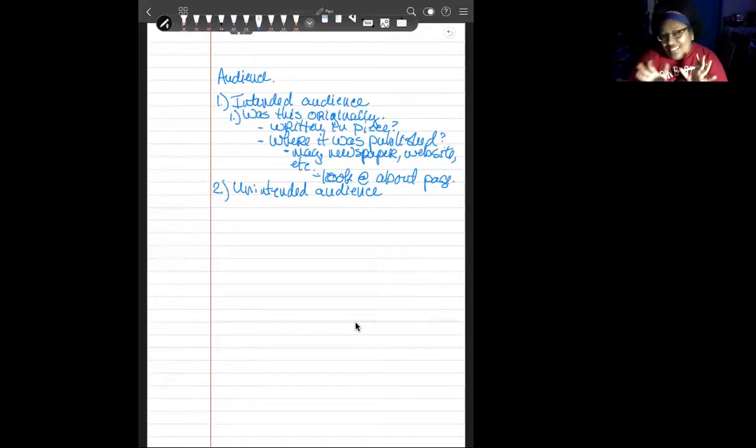This is why this takes a little bit longer, and why I say it's deceptively easy, because with something like Letter from Birmingham Jail, you already know that it's for the clergy.